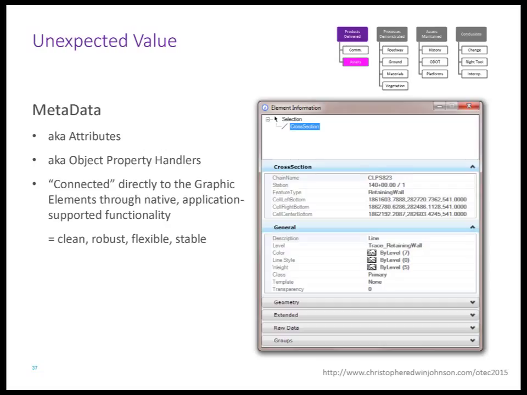And so programmatically, this is something that's called an object property handler that was applied to elements. And it's directly connected to these elements. So that means that anytime you move them, whether or not you authored that metadata yourself, it's maintained and it carries across through any time that element is used.